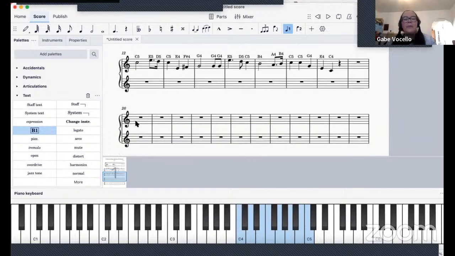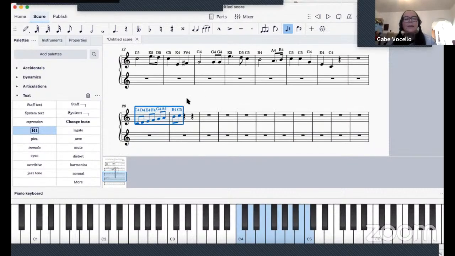Let me copy and paste for laziness. The solfeggio.